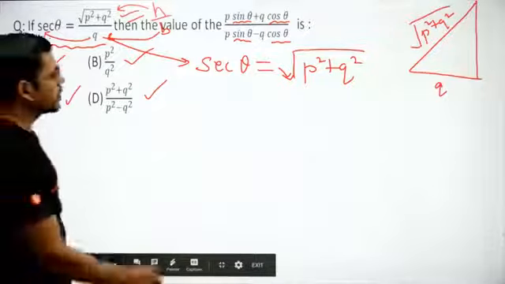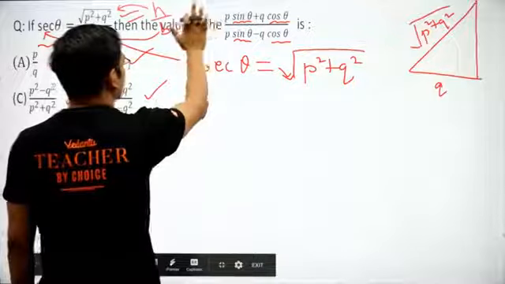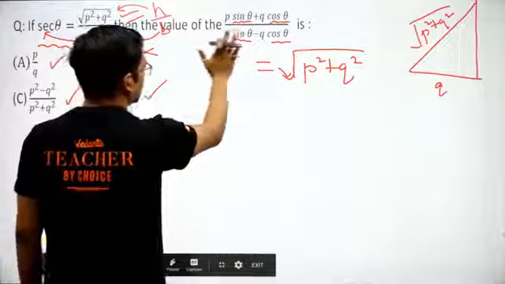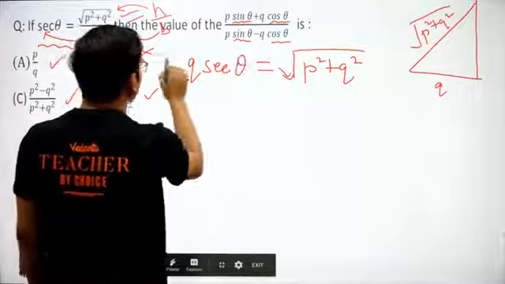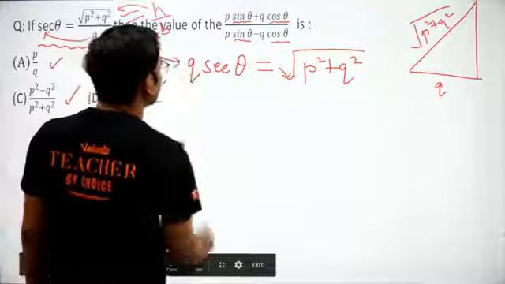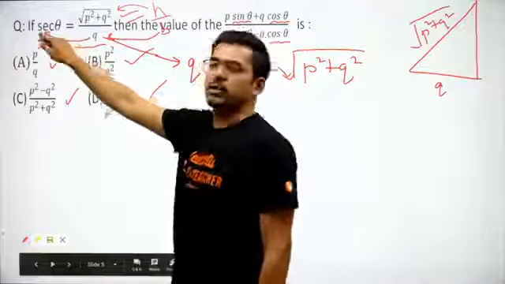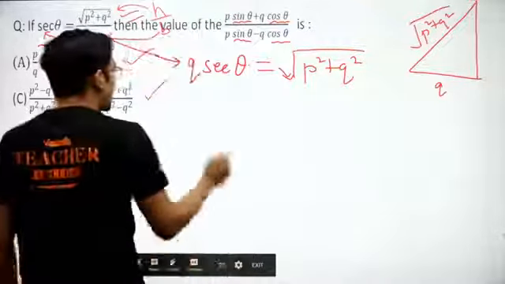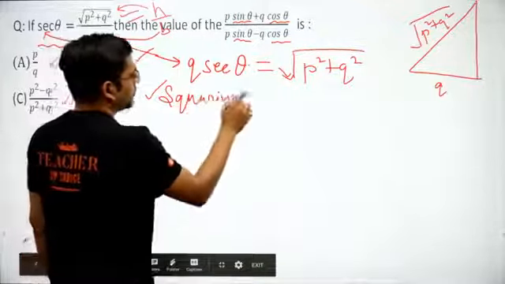So if I do this, I'll be getting q sec theta equal to root under p square. I have just sent this q to this side. Okay. Now, what I would do here is square both sides.